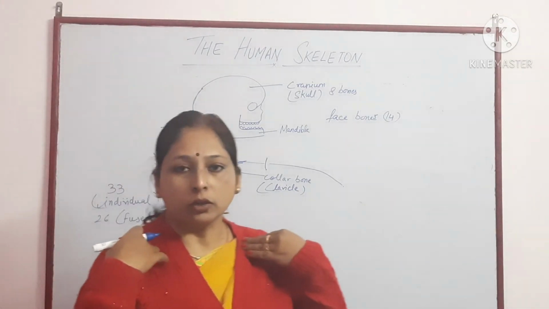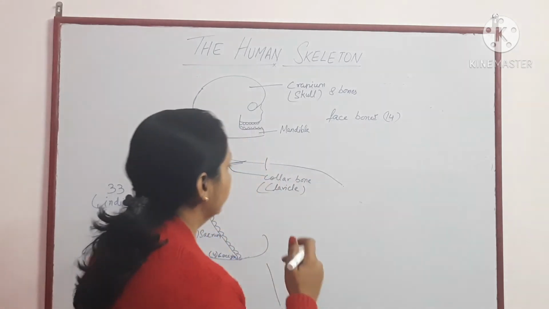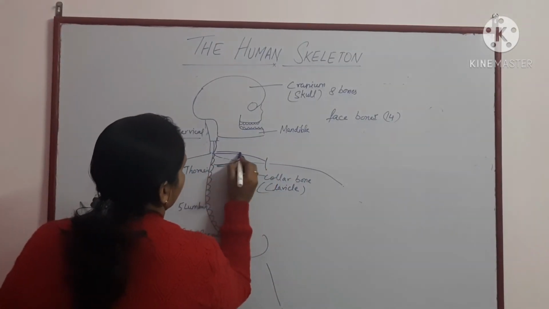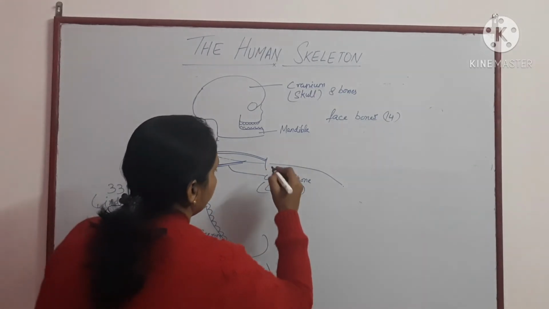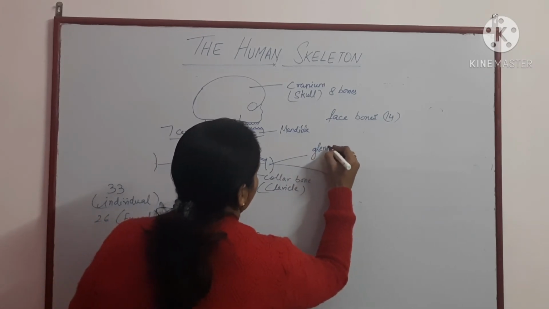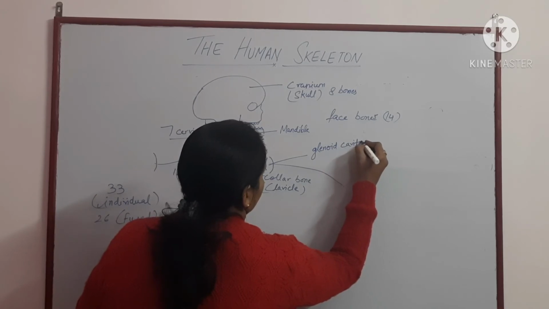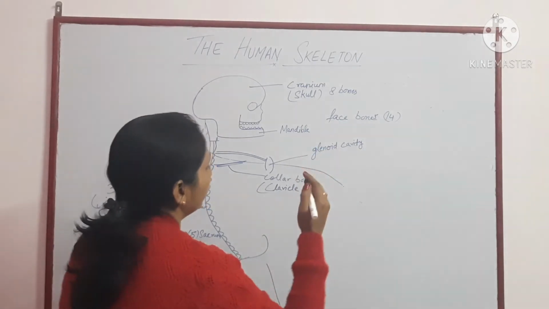Then the shoulder bone, here, this one. Next is the cavity here, which is the glenoid cavity. This part is the humerus.